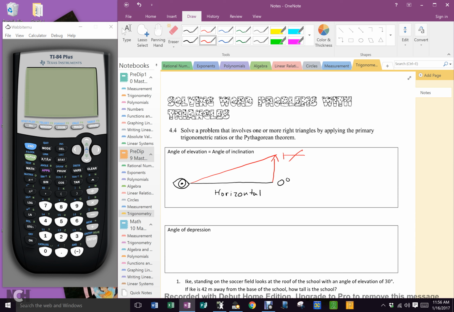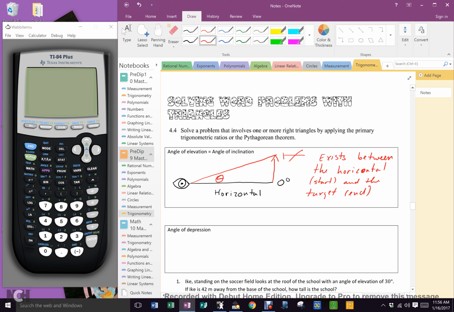That angle exists between the horizontal, where we start, and the target. That's where we end. And that angle lives between the two. So there is my theta.